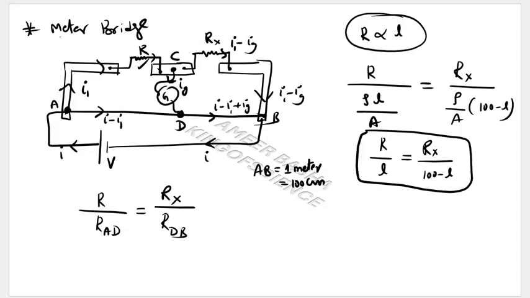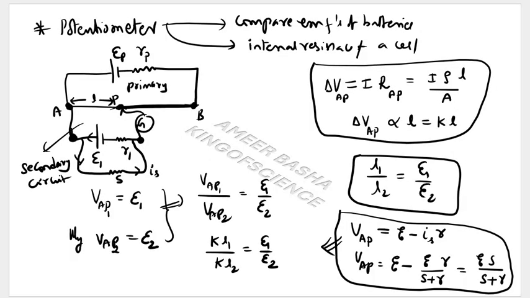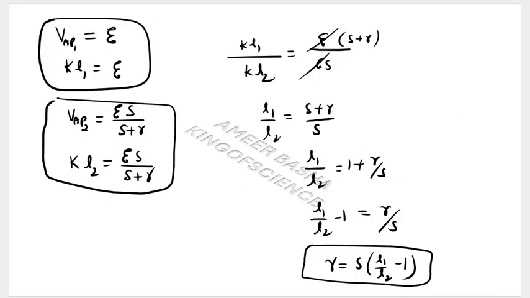Similar to that, there is the meter bridge, with the conditions we wrote here. Finally, the potentiometer is used to compare the EMFs of two batteries and internal resistances. This is the formula for comparing the EMFs, and this is the formula for measuring the internal resistance. I hope everything is clear.